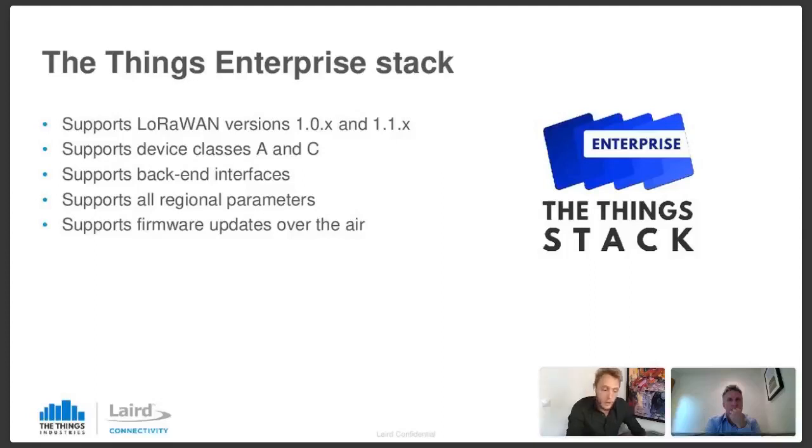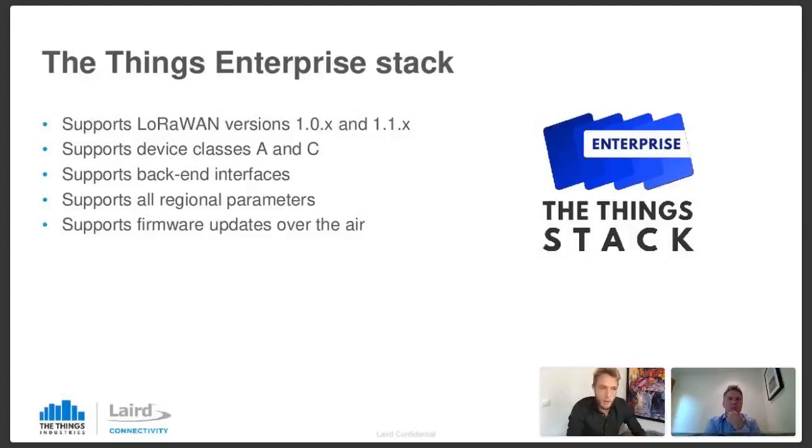So if you work with devices that are provisioned on other join servers, then that works as well. And that really comes down to the power of LoRaWAN, that you can have all kinds of deployments. And you don't have to deploy all these components that I just presented on one particular server. The Things Enterprise Stack is a bunch of components, but you can choose, depending on the use case, what you deploy where.